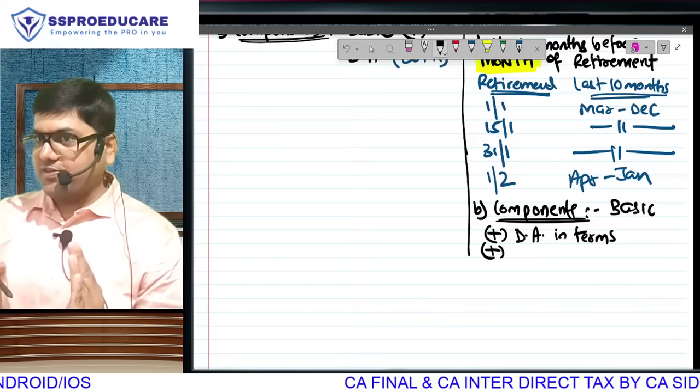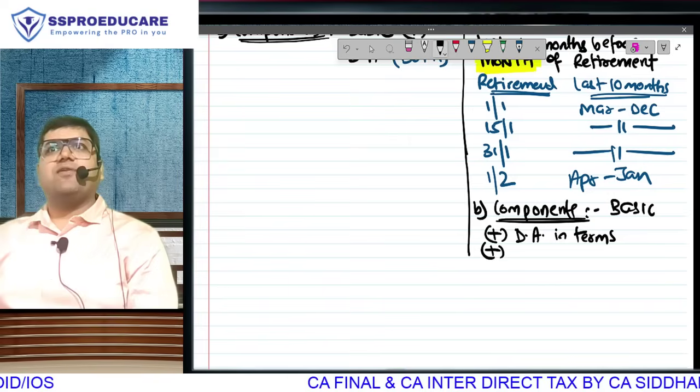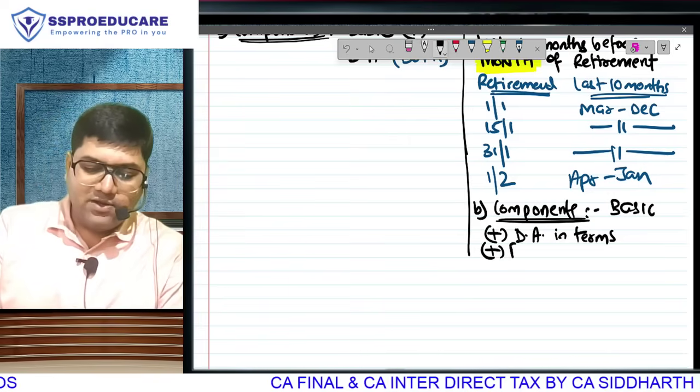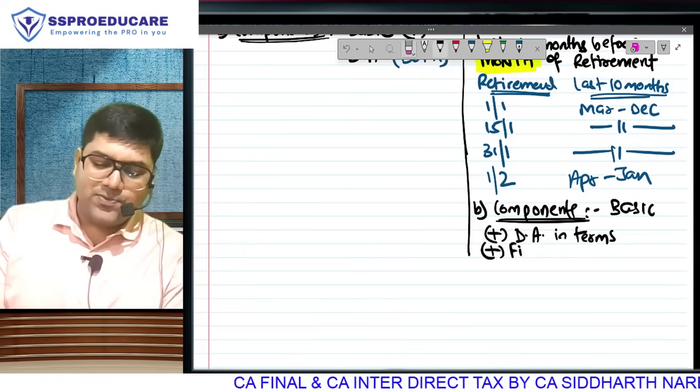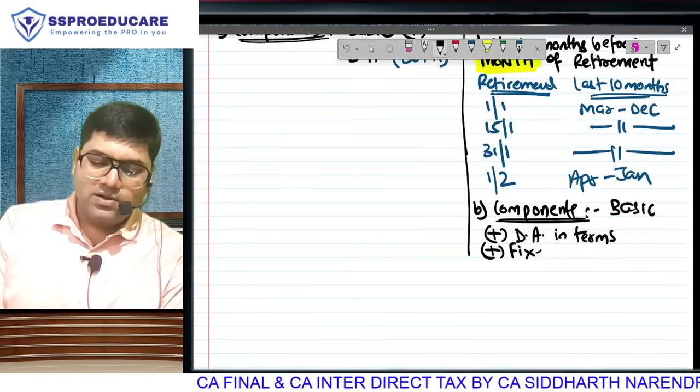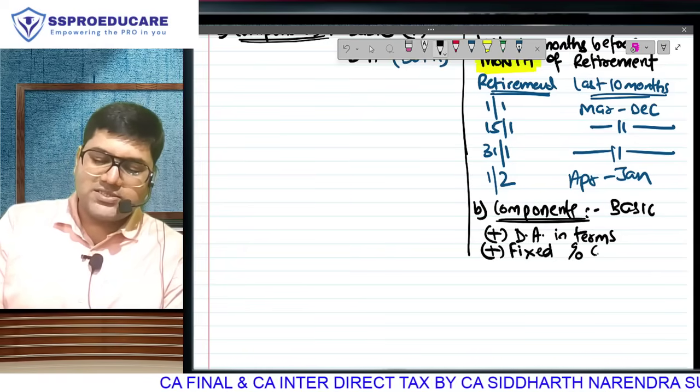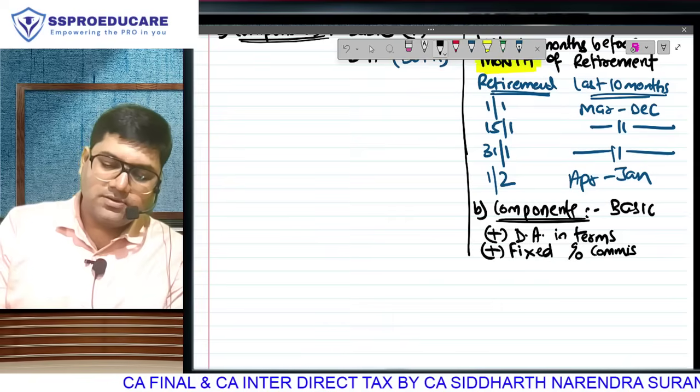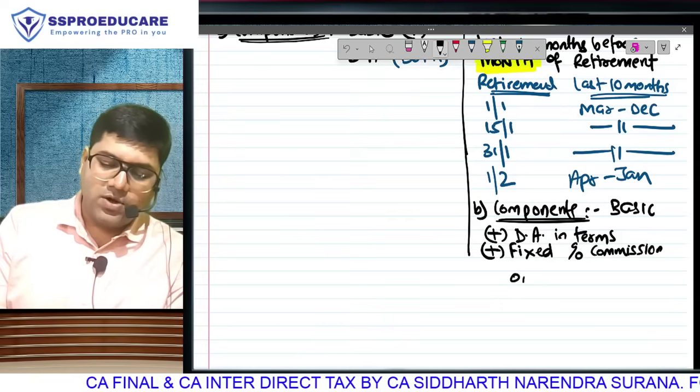We want to be fair with you. Whatever is the unfair tax treatment we are removing, we are going to add one last thing. If any employee is getting something called a fixed percentage commission on turnover achieved.